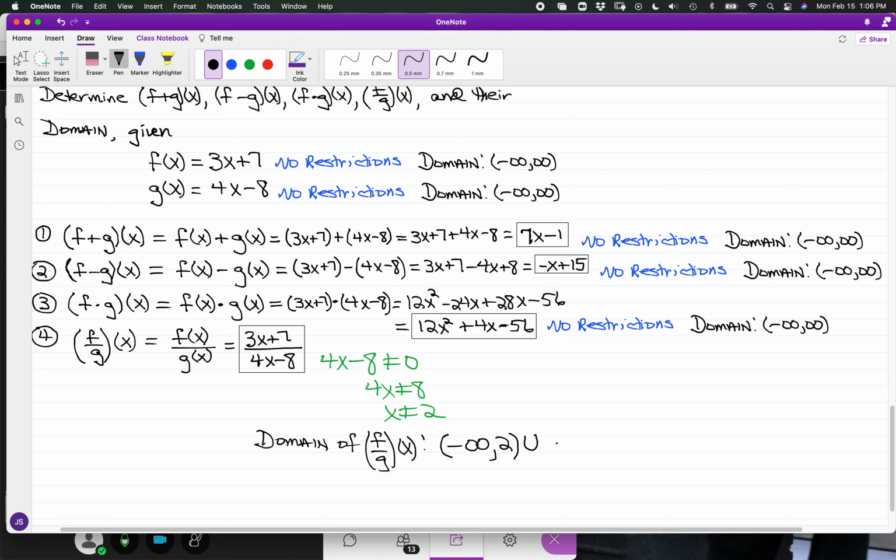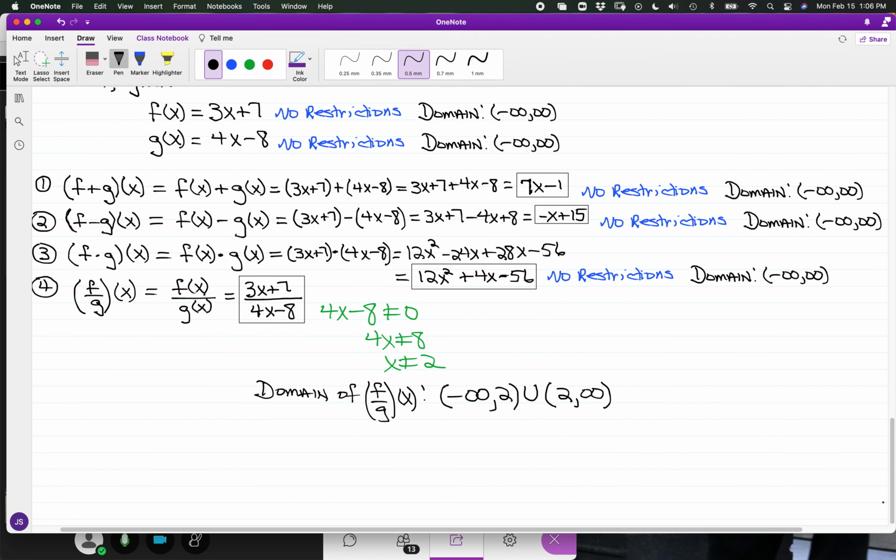And then at the upper end, you have going past and not including 2, heading on out to infinity. So again, for the first 3 operations, we have all real numbers. And then for the quotient, we have one restricted value with 2. So that means you have those values less than 2 and those greater than 2 united to represent the domain.